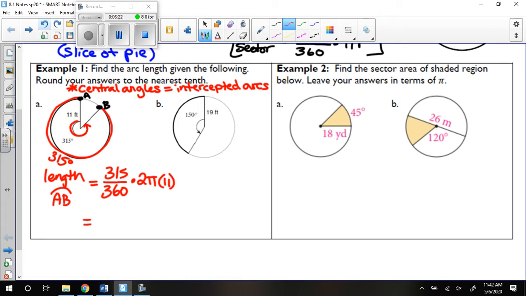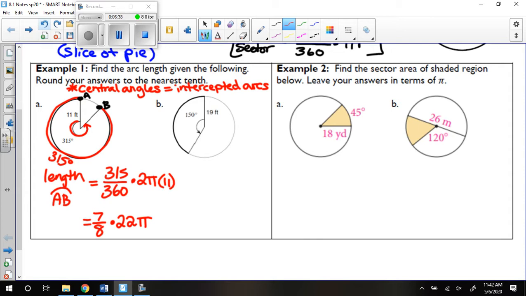Okay, so if I reduce 315 over 360, it reduces to 7 over 8, multiplied with, and I can do 2 times 11, which is 22 pi.